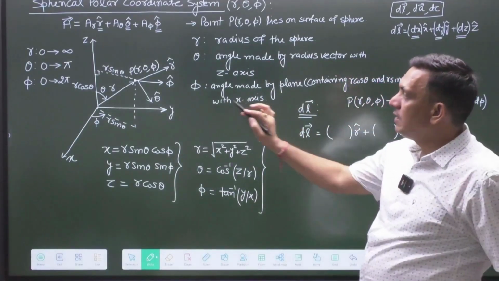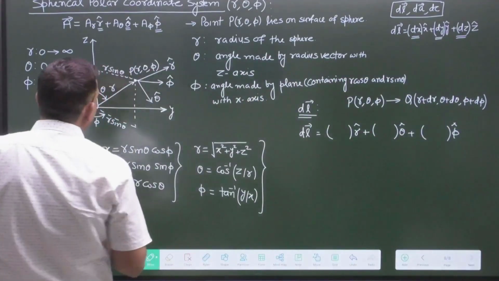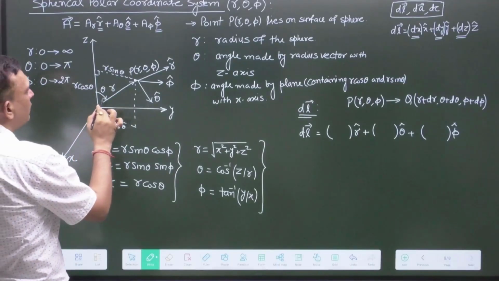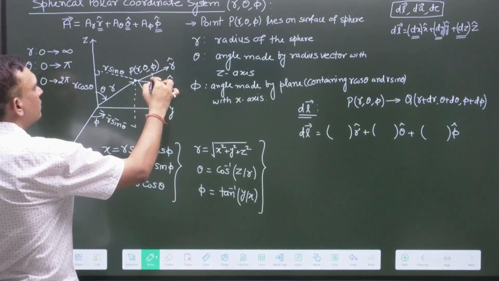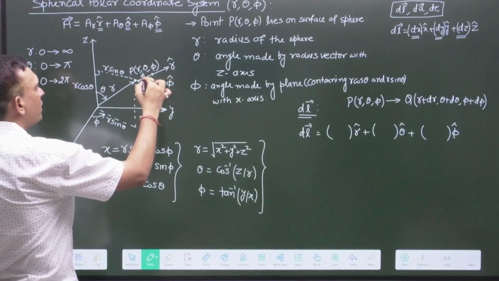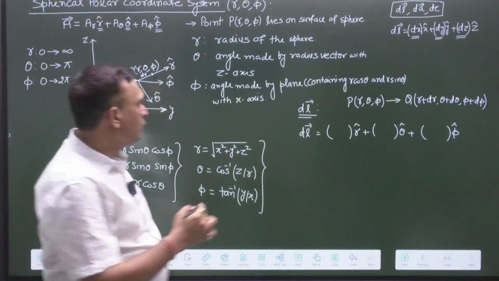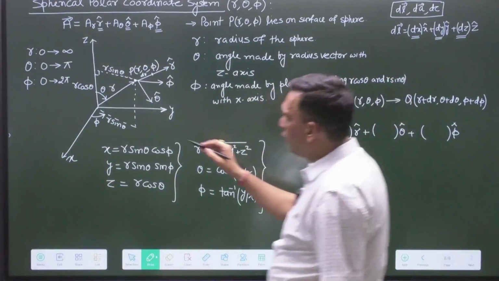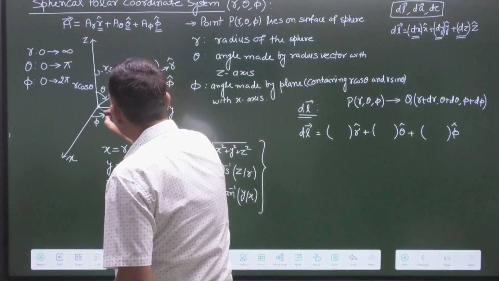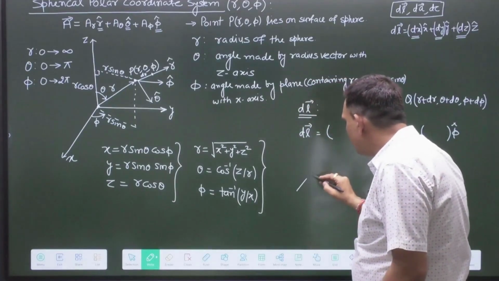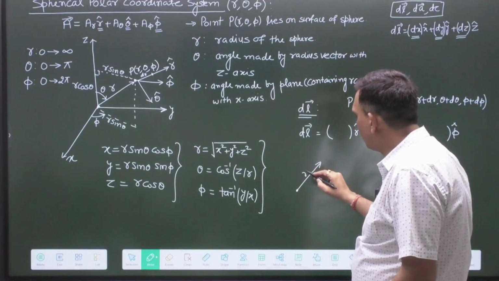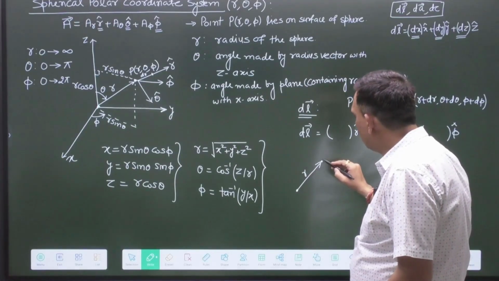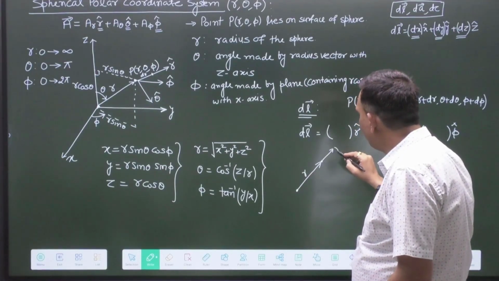So let's see this figure. If r changes to dr, so simply change will be dr. You have to redraw this figure. This point is the origin. So if you have some vector r here, along r cap, what will be the change?